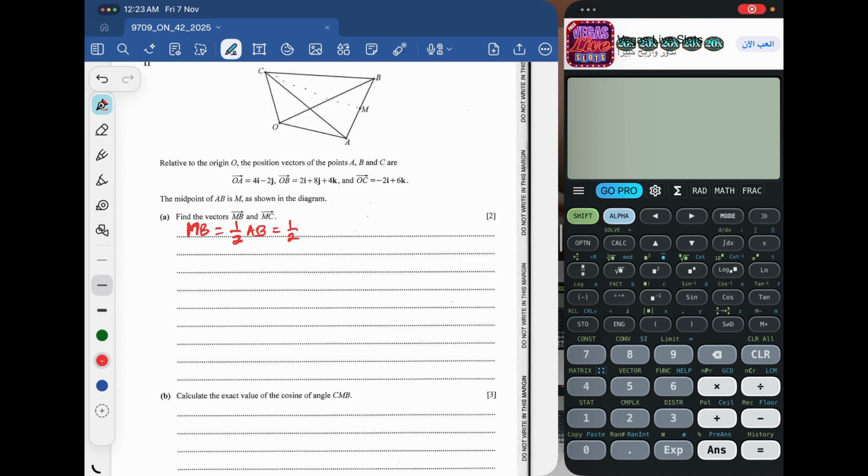B minus A. So 2 minus 4 is minus 2, then 8 minus minus 2 is 10, and the last component is 4. So this gives me half of that: minus 1, 5, 2. So this is MB.